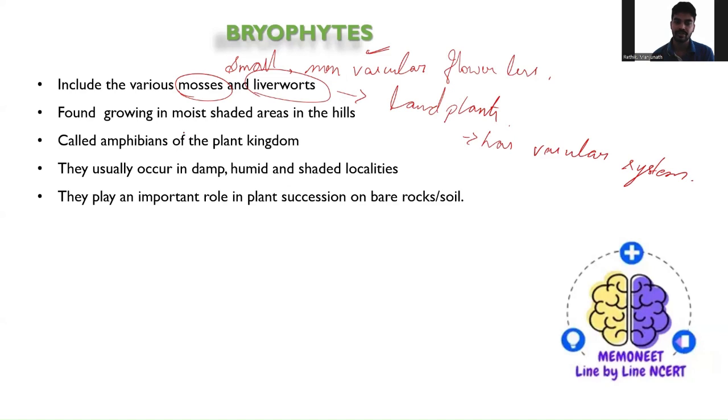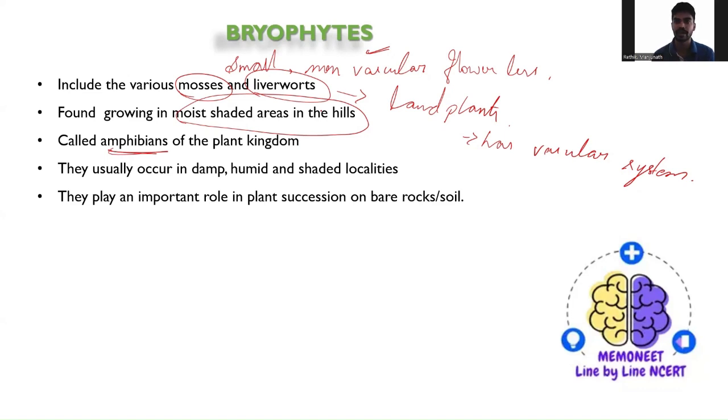Bryophytes are majorly found or grown in moist shady areas such as hills. You can see these bryophytes there, and they are called the amphibians of the plant kingdom. Why amphibians of the plant kingdom? Because these plants can live in soil, but they need water for sexual reproduction.